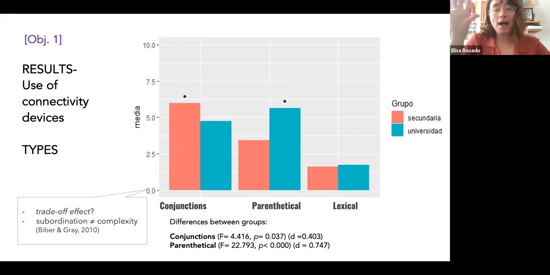While the secondary students make wider use of conjunctions, there seems to be a kind of trade-off effect by which the university students make a more extensive use of parenthetical markers. But the lexical ones, the ones we identified within the context of the project, stay the same. There are no differences for those, right? Let me move on.